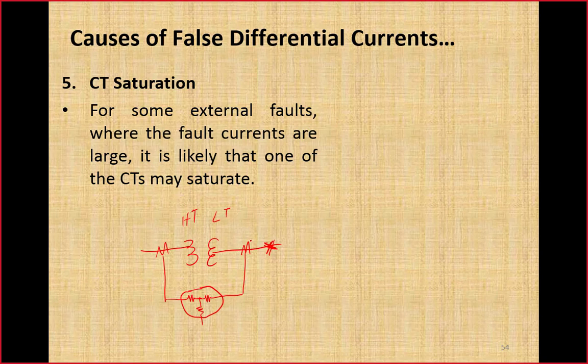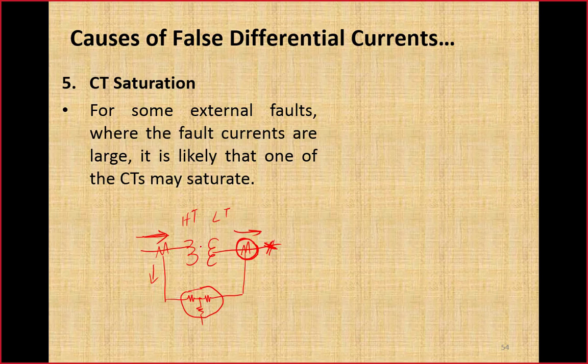So due to this reason, if this CT gets saturated, then due to saturation of a CT, very little current or nothing would appear on its secondary side, but heavy current will flow through the secondary of the unsaturated CT.